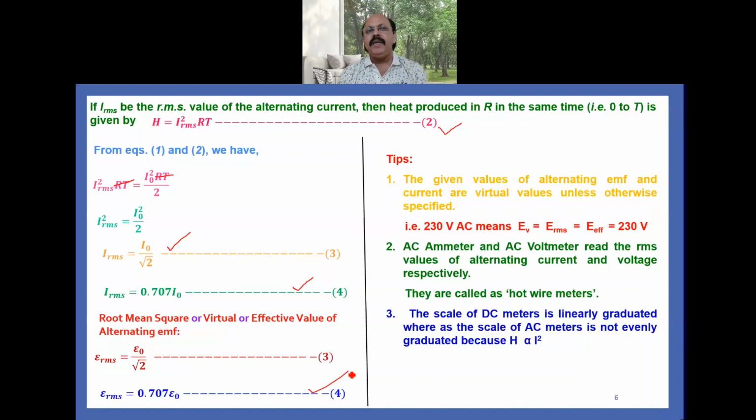And the second tip is that AC ammeter and AC voltmeter read the RMS value of alternating current and voltage respectively. They are also called hot wire meters. And the third one is that the scale of a DC meter is linearly graduated, whereas the scale of AC meters is not evenly graduated because H is directly proportional to I square.